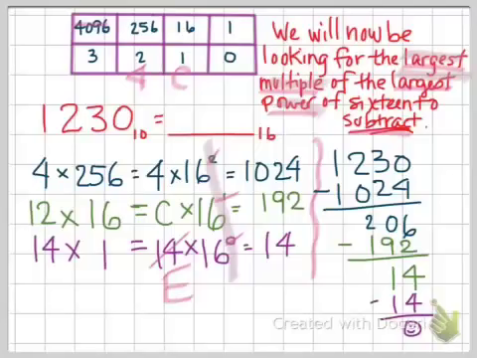Instead of writing 14 in that last place, let's write E, because that's the digit in hex. And so we have our answer. 4CE base 16 is equal to 1230 base 10. And that's it. Thank you.